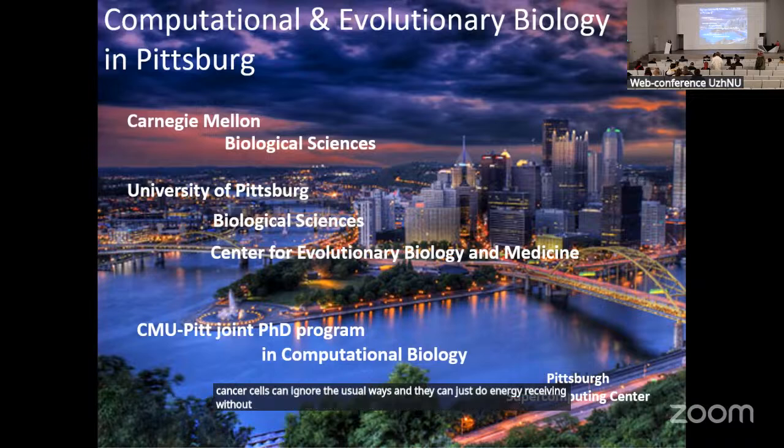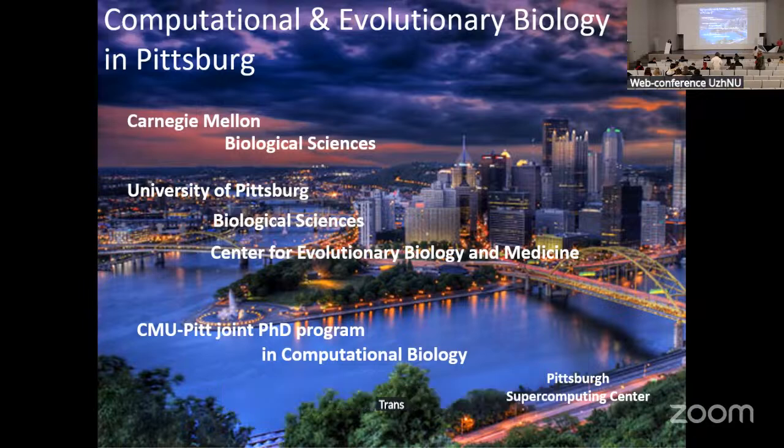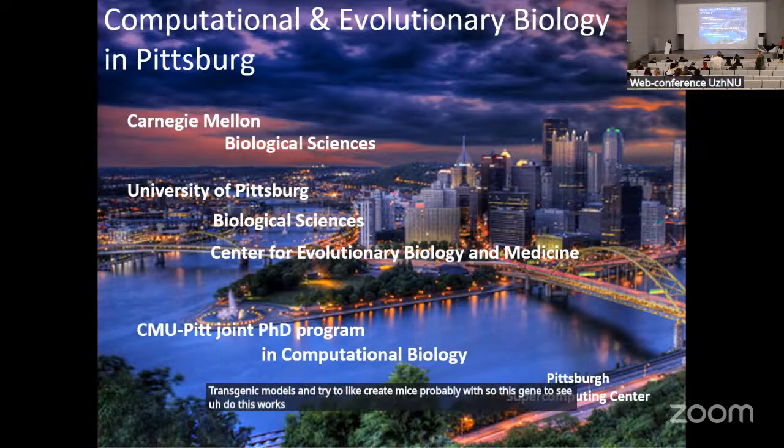My basic question, related to a theoretical experiment: can we use transgenic models and create mice with this gene to see whether this works for mammals, and in this way maybe use it for targeted therapy in cancers?